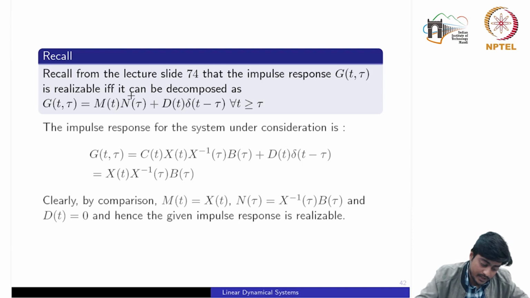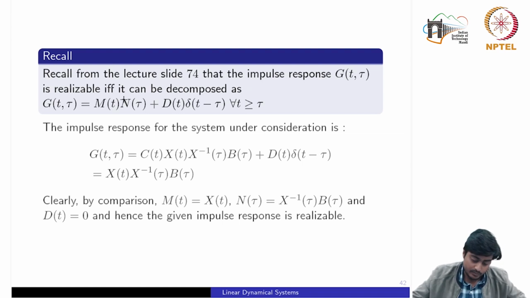If we compare these two terms, we see that M of t is nothing but X of t, the fundamental matrix itself, and N of tau is basically X inverse of tau and B of tau. Meaning to say, we are able to find such two matrices M and N, so that if any impulse response is given to us, we can say that this impulse response is realizable.